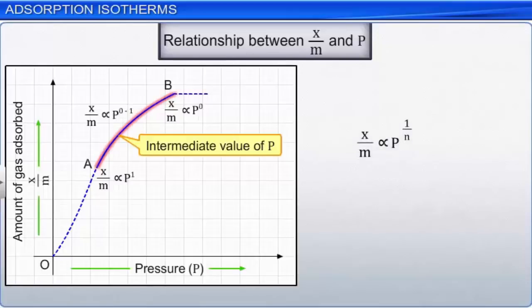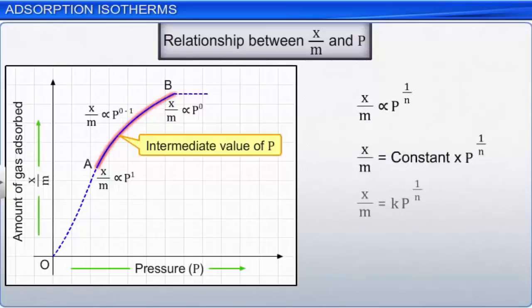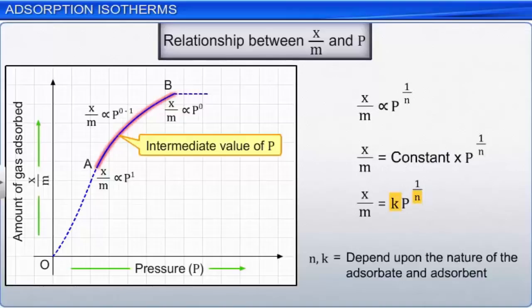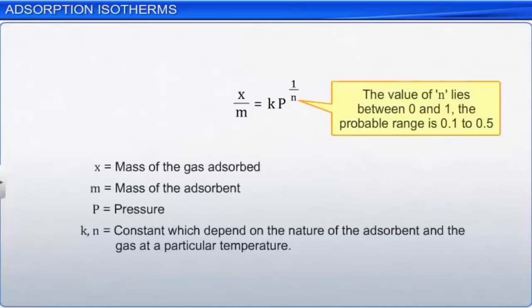At a particular temperature, n and k depend upon the nature of the adsorbate and the adsorbent. Note here that 1/n has a value between 0 and 1, and the probable range is 0.1 to 0.5.